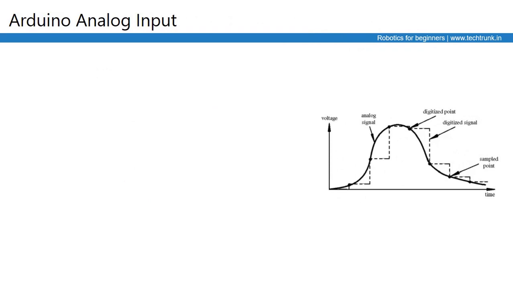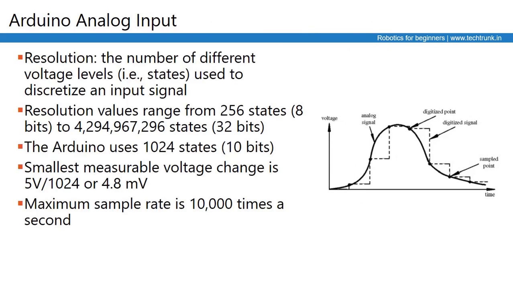In case of Arduino, for getting the analog input, we use the syntax analog read, and the resolution is the number of bits. The resolution can be defined as the number of different voltage levels used to discretize the input signal.